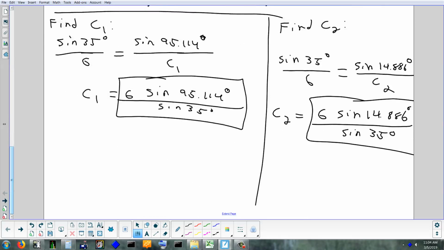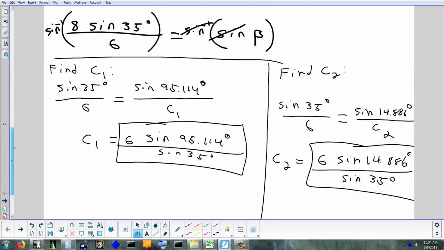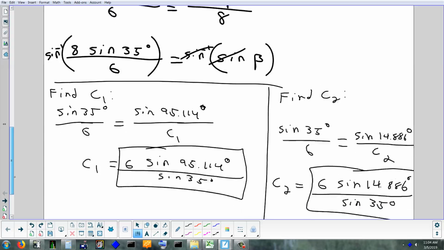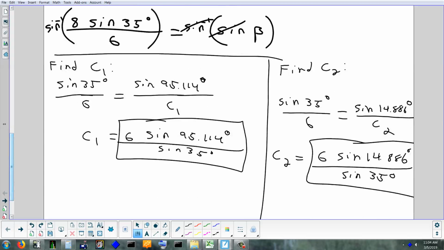Okay. Does anybody have what C1 comes out to? Yeah, Blake? 10.419. Right. And now C2, we're pretty much typing in the same calculation except change 95.114 to 14.886. What does C2 come out to?